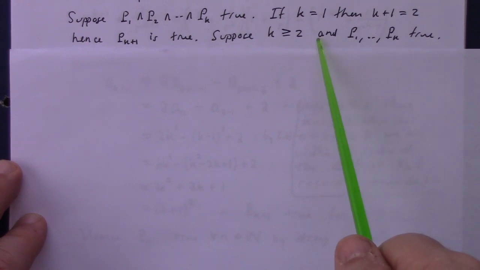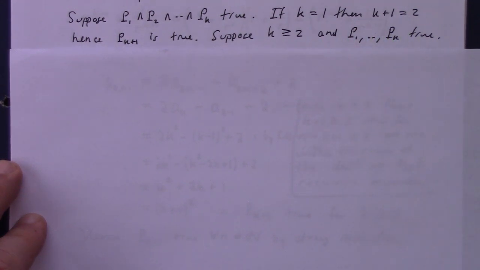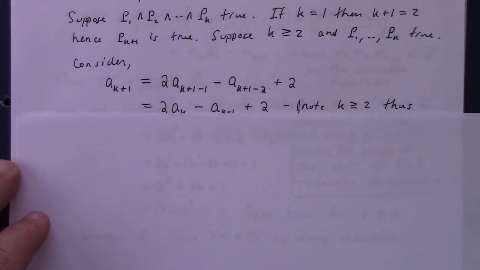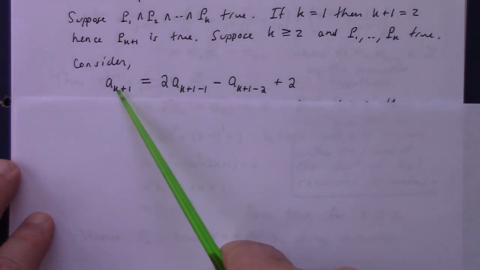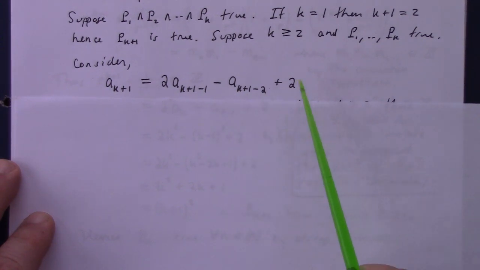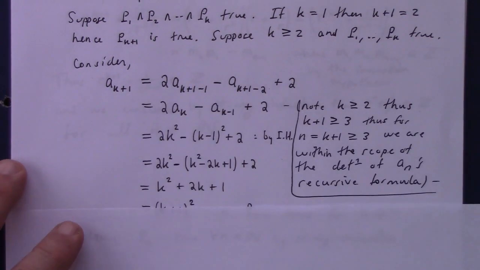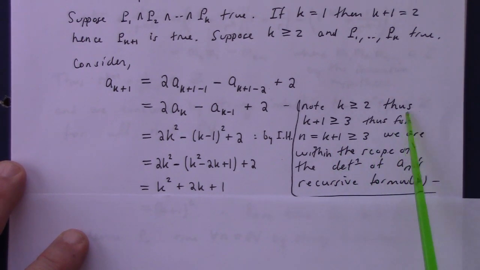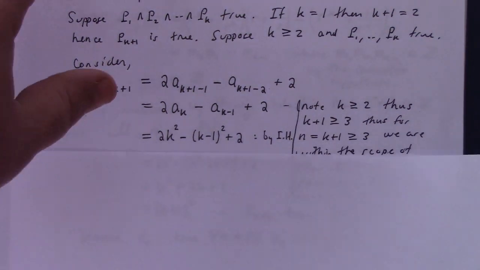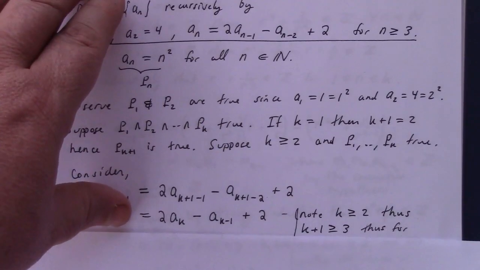Then, assuming P1 through Pk is true, we can consider a sub k plus 1. And a sub k plus 1, by the recursive rule, is this, plus 2. Little comment here: notice that k greater than or equal to 2, thus k plus 1 is greater than or equal to 3, thus if n is equal to k plus 1, it's greater than or equal to 3, and we're within the scope of the recursive definition for a sub n, which was given up here.